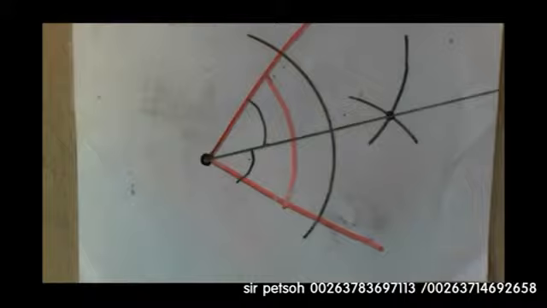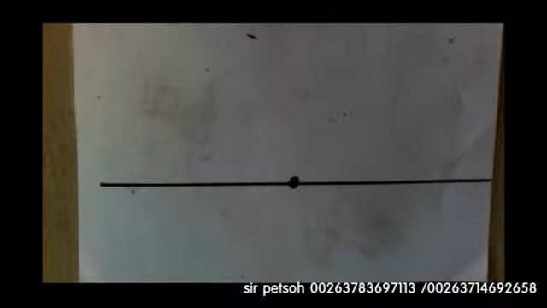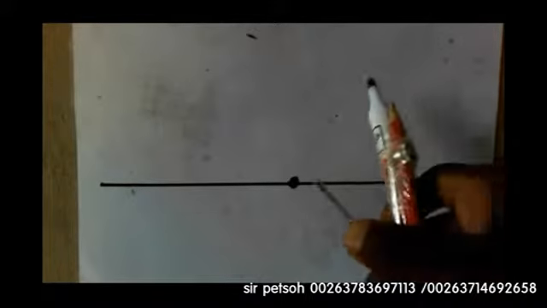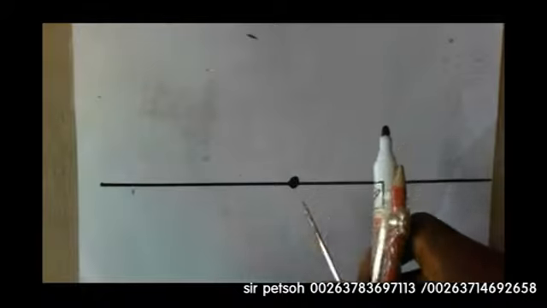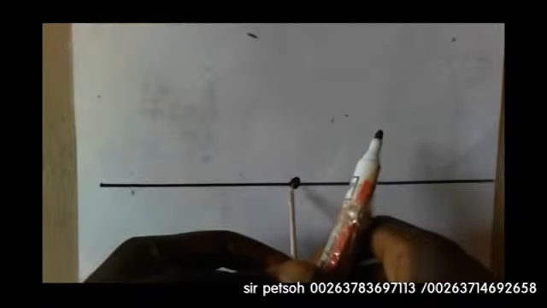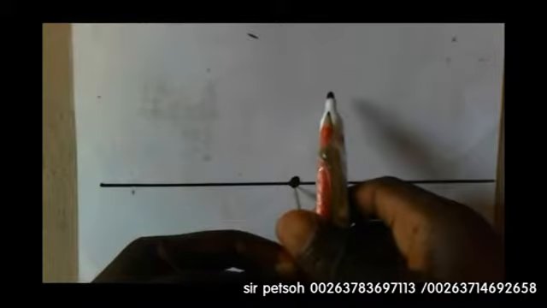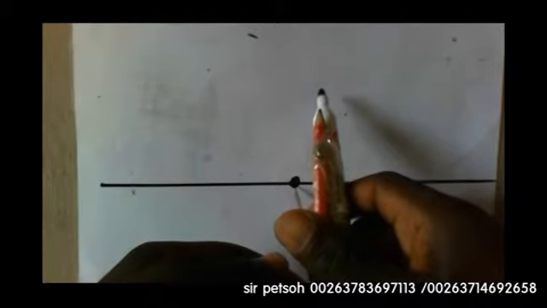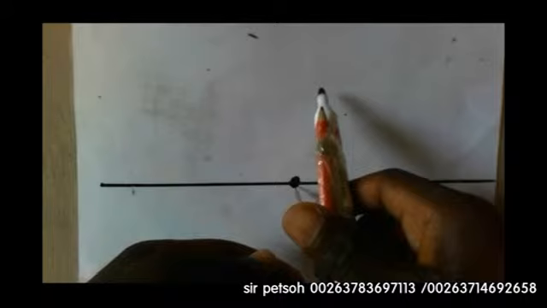Let's construct an angle of 30 degrees to the right side at this point. For us to construct 30 degrees, we start by constructing 60 degrees, because we know that 30 degrees is half of 60 degrees.